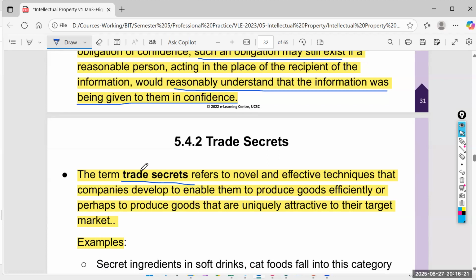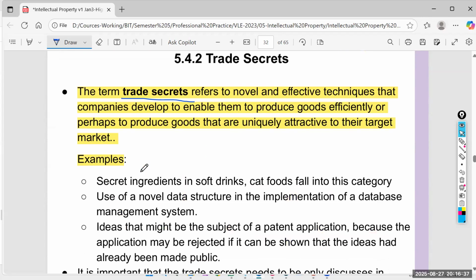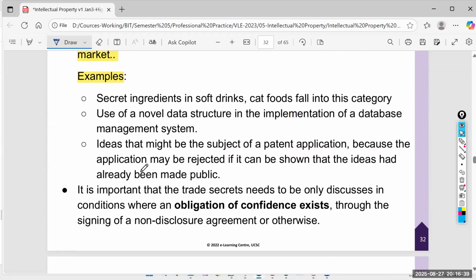In other industries, a formula for a chemical or material, or a recipe, can also be trade secrets. So these are some examples.